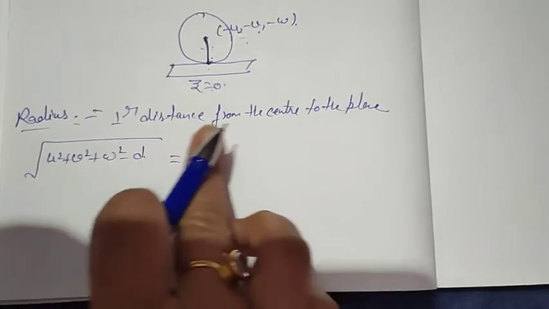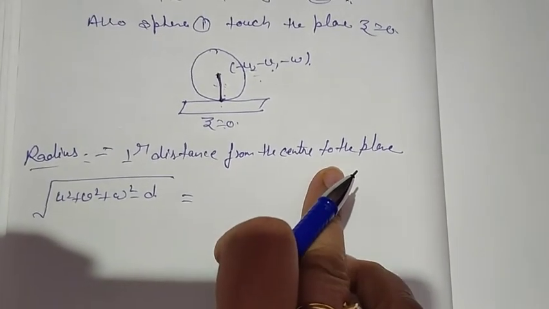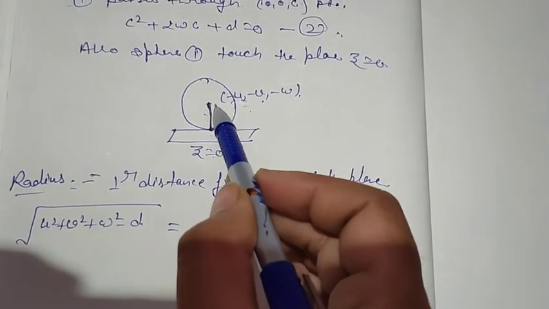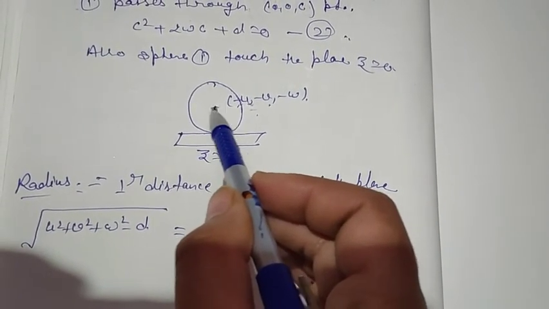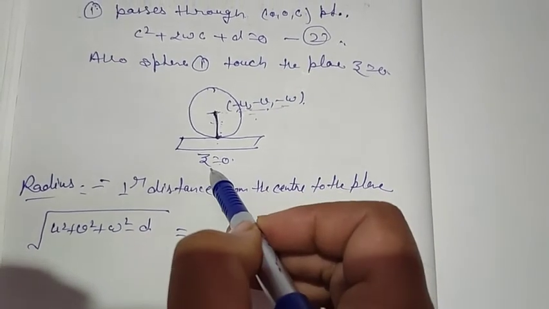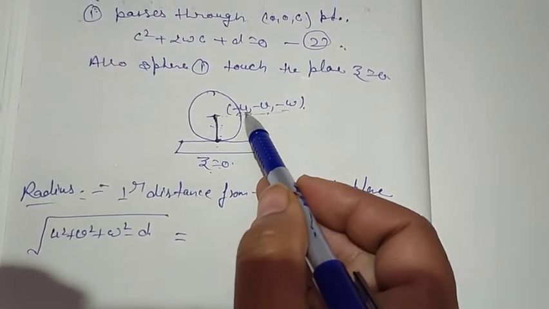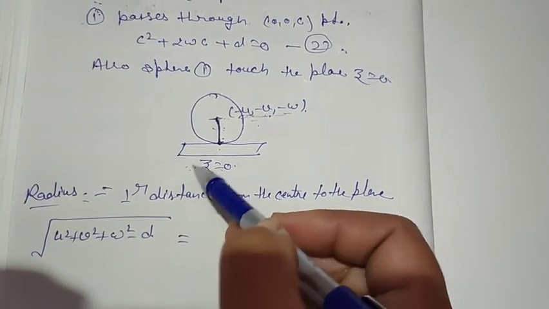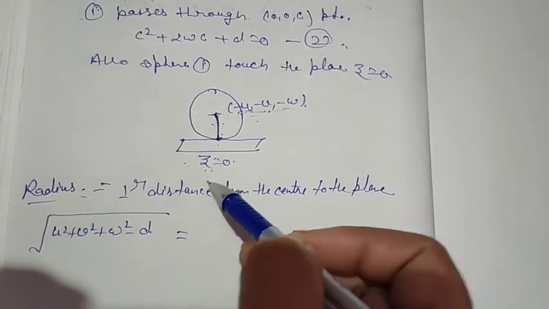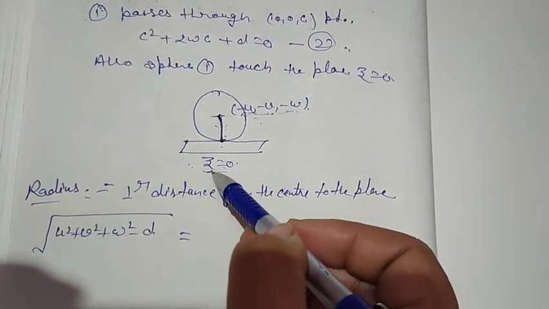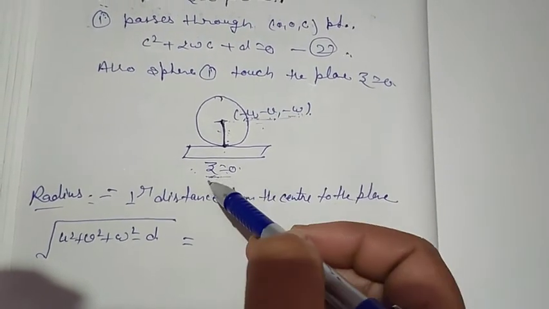Here we find the perpendicular distance from the center to the plane. We put this point in the plane: minus u in the place of x, minus v in the place of y, minus w in the place of z. In this plane there is only z, so we put minus w.